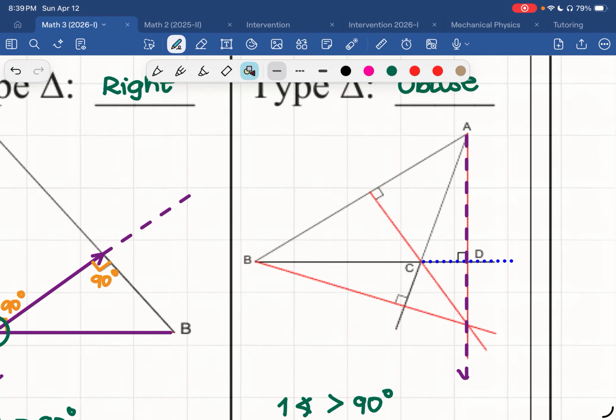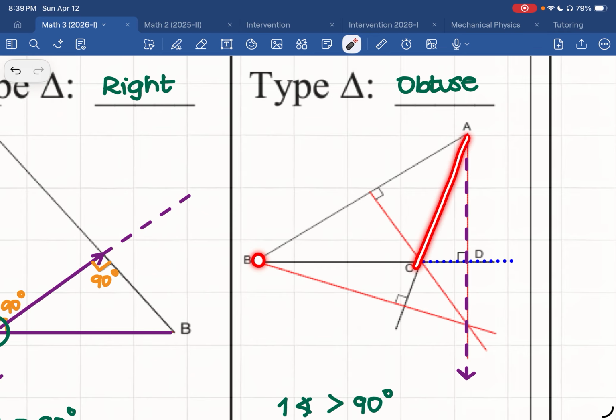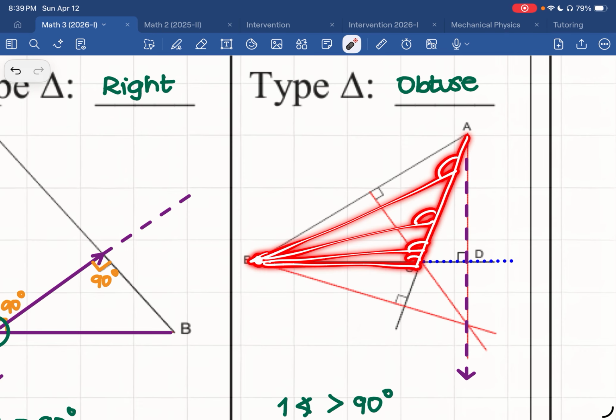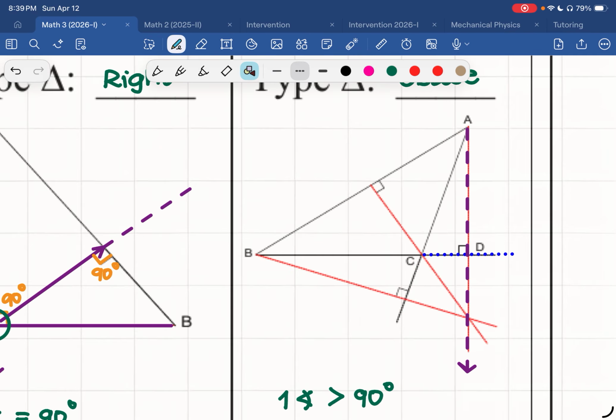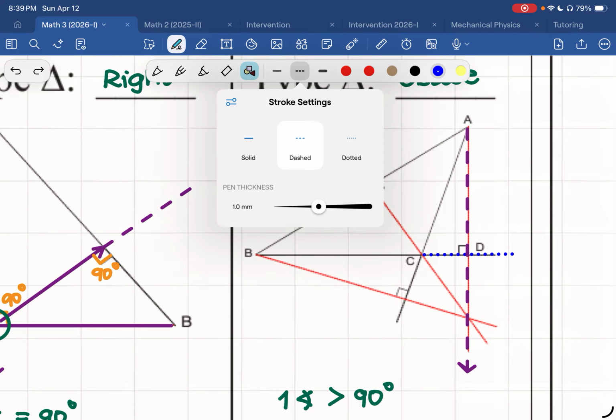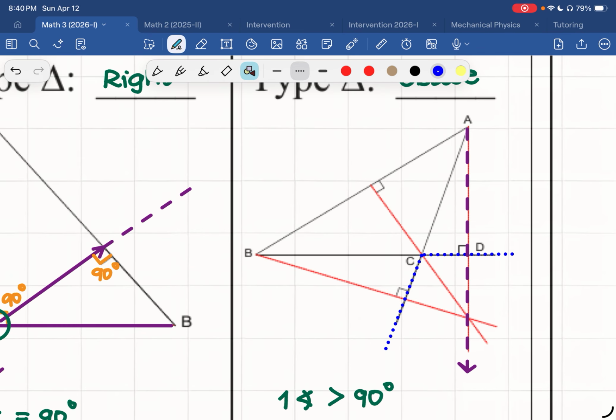So now let's do the same with the other. With this point over here, the opposite side is this one, right? But if I do this, this is not 90, this is not 90, this is not 90, this is not 90. But if I continue to extend this line more over here, let me put it here in blue, so you can, oh, hold on, so you can see, right?